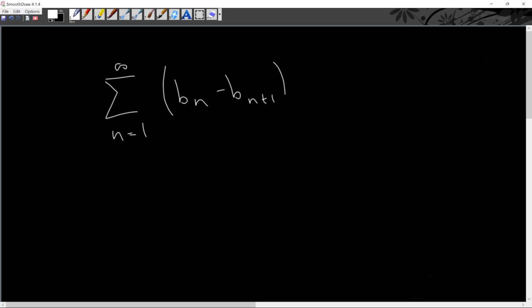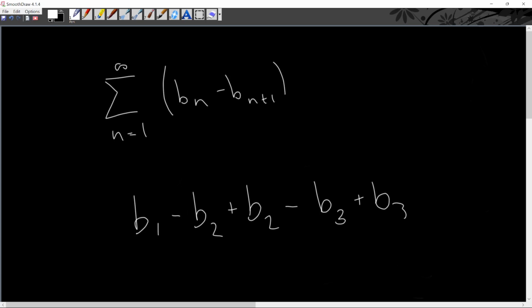If you subtract every subsequent term from the term that came before it, then, well, let's just try and draw this out. So we have b1 minus b2 plus b2 minus b3 plus b3 minus b4 plus b4. That's how it'll look, right?